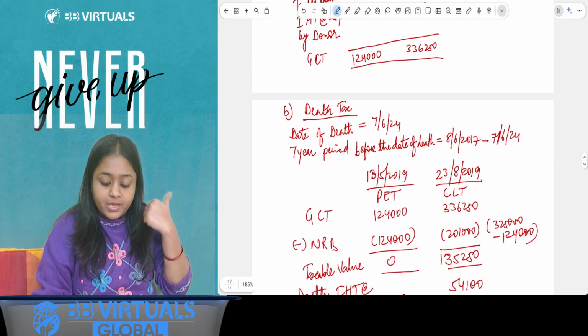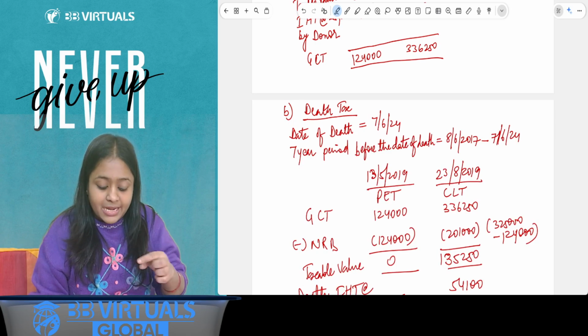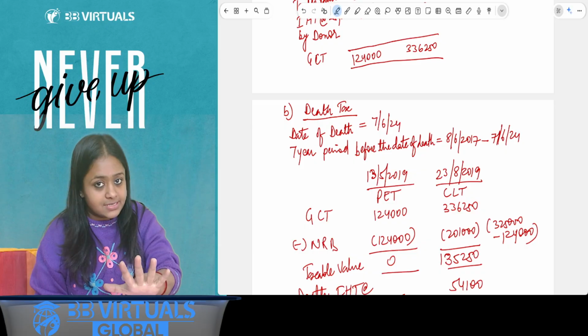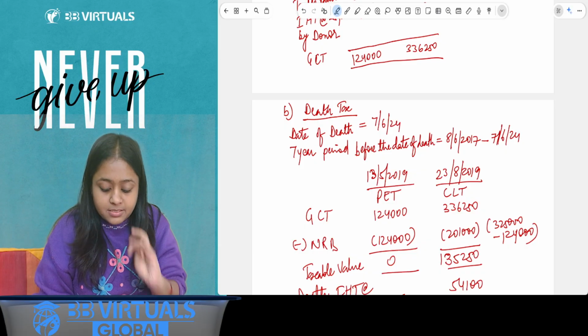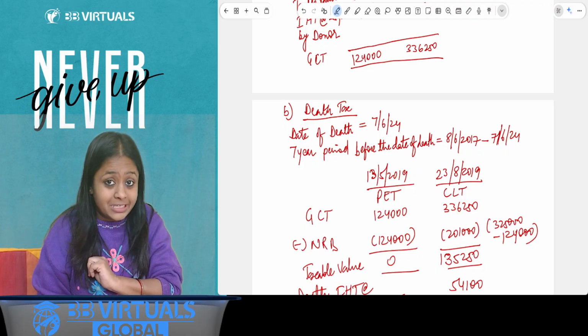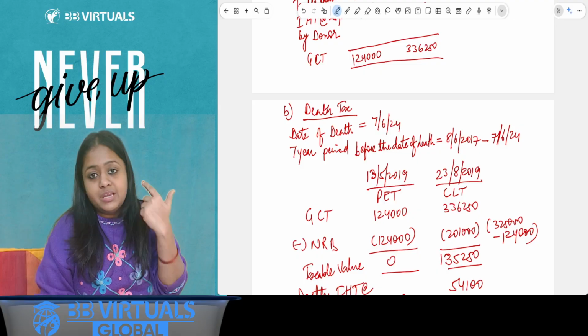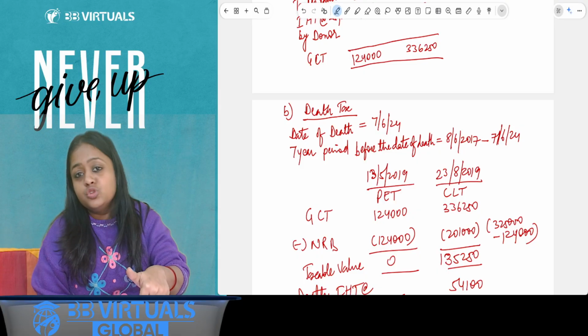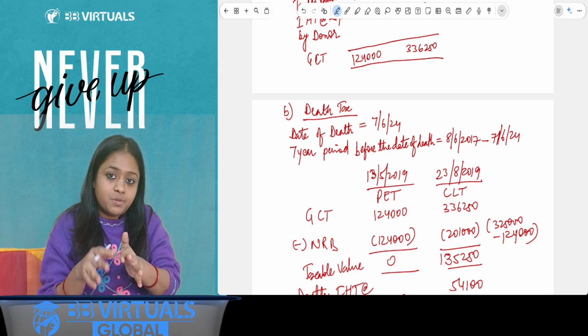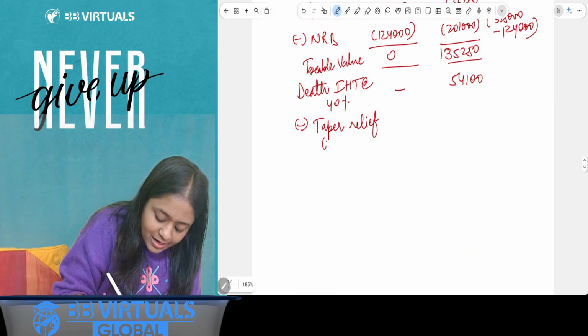What is the period? So 3 years will end on 19 and 24 period is 5 years gap. But is it 5 years? Let's check. 4 years will end on 23rd August 2023. And next 1 year will end on 23rd August 2024. This is 7th June 24. So it is falling in between. So my period is 4 to 5 years.